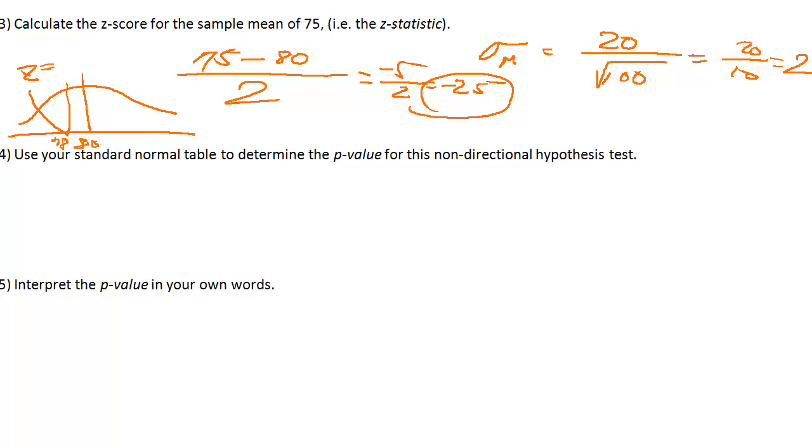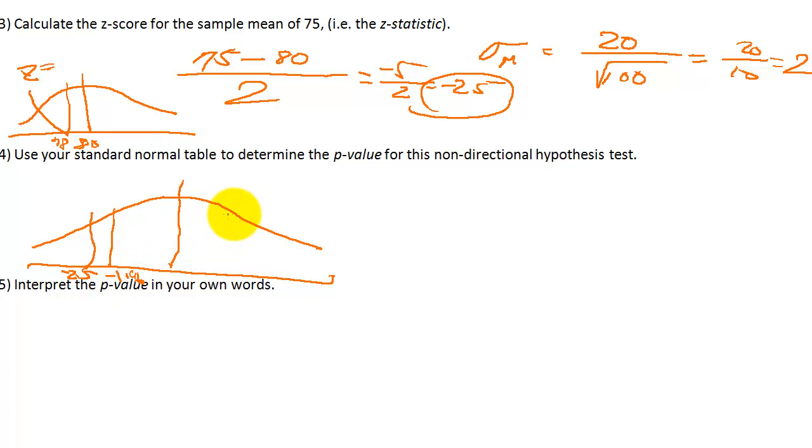The Z-score is about here, minus 2.5, and the critical values are minus 1.96 and 1.96.